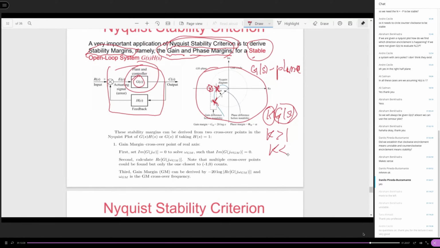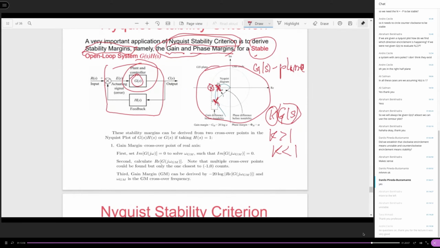Otherwise, if K is less than 1, the Nyquist plot shrinks. K does not change the phase of G(s), it only affects its magnitude. So what do you think this crossing point is going to be?